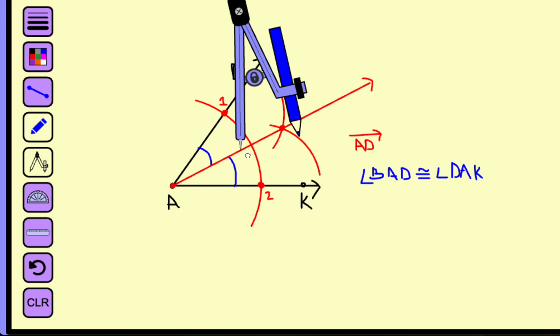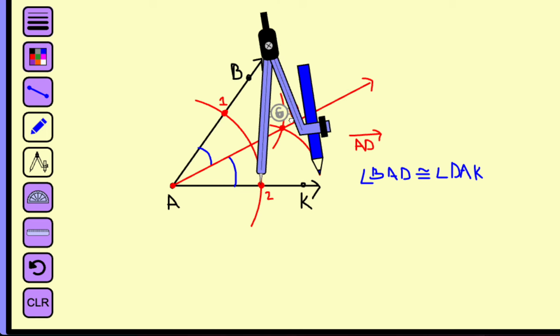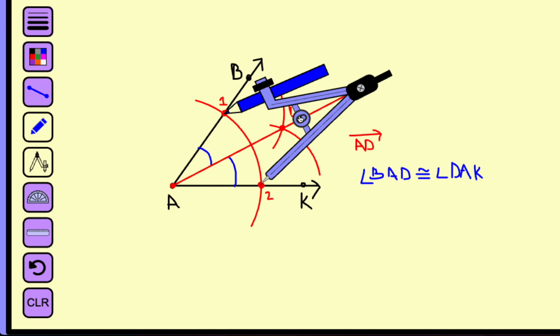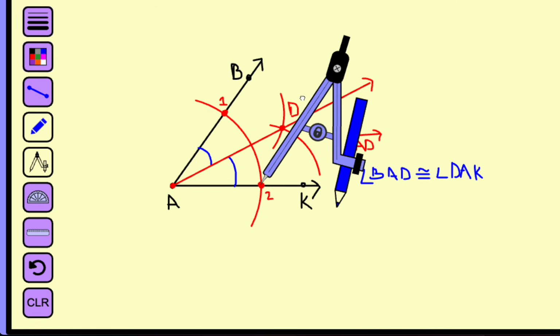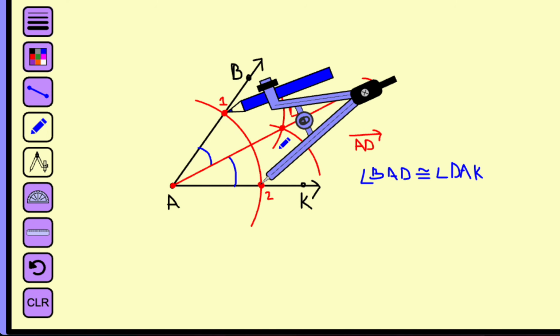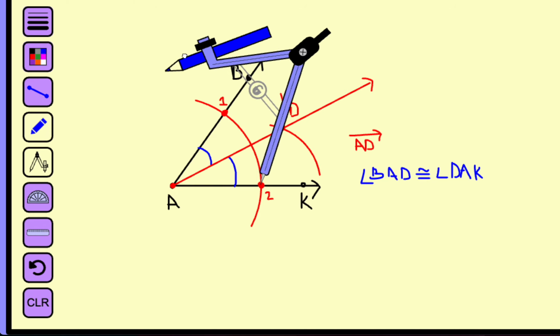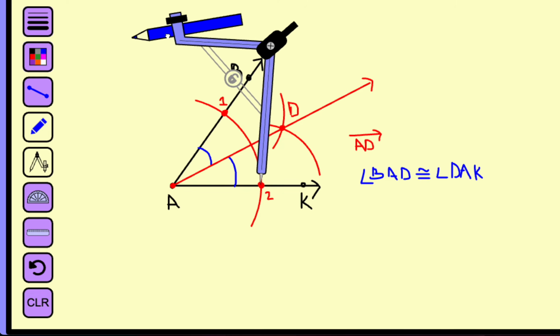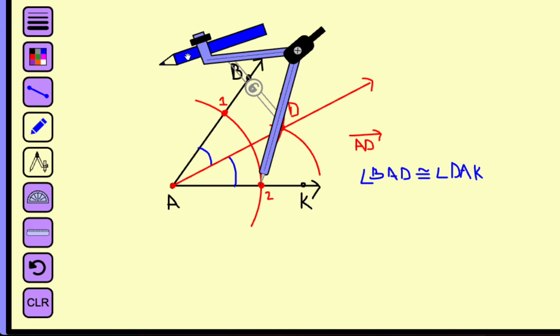Now, again, if you kept your compass open to the full length, you would have had successful arcs that intersected as well. But the main thing is that sometimes your angle might be opened too wide, and sometimes your compass might not be able to stretch out the full length. So that's why, as long as you are more than halfway, you're good.